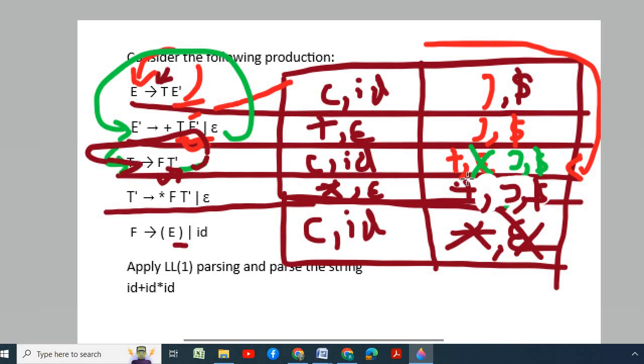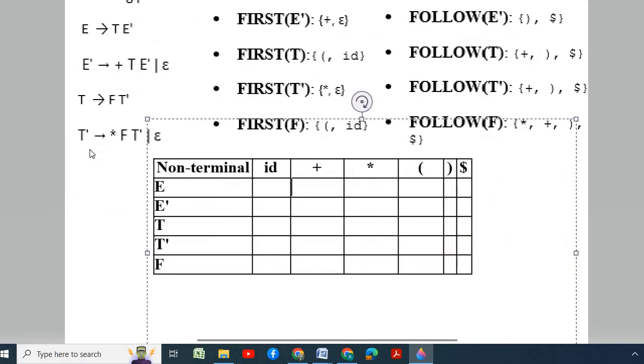The root is T. So the follow of T has to be concatenated. So star, plus, close and dollar. This is the follow of F.